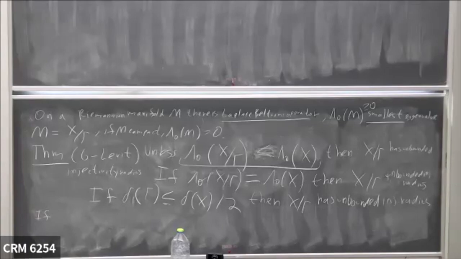The exponential growth of a lattice is delta of x. So in the lattice case, the bottom of the spectrum is 0. But delta of gamma, I'm sorry, is delta of gamma less than delta of x? No, for the lattice, delta of gamma equals delta of x.